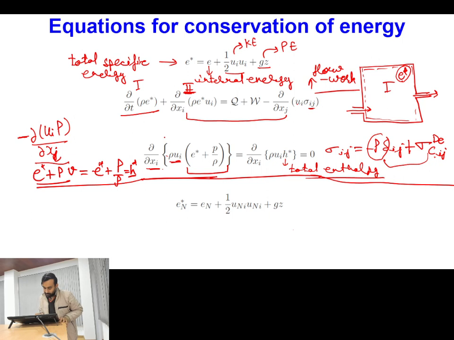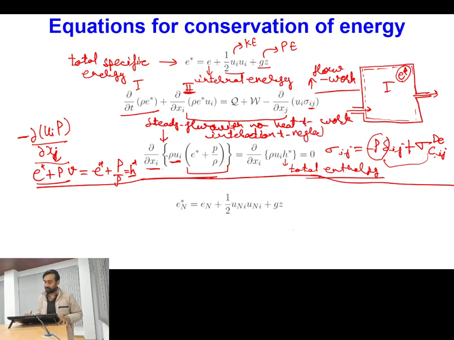But yes, if you want to give some name to the second equation, then you can call it steady flow with no heat and work interactions, and neglected viscous dissipation. So this is the physical meaning of this entire equation.